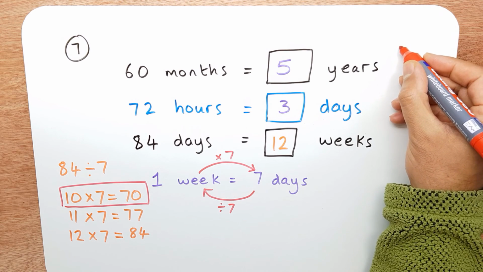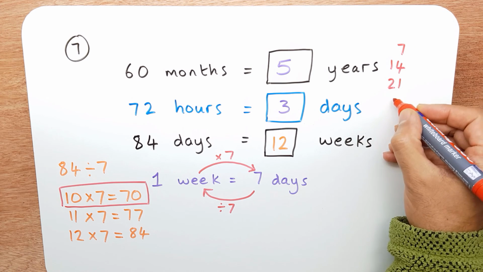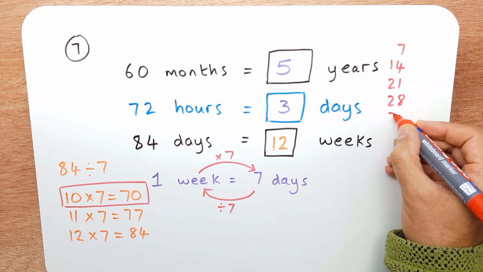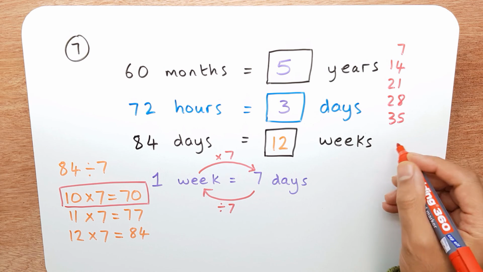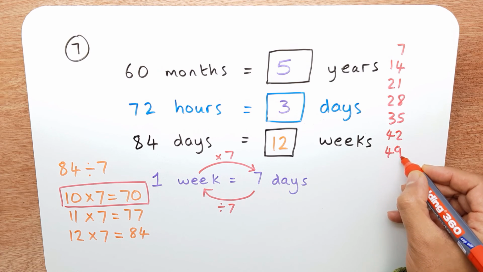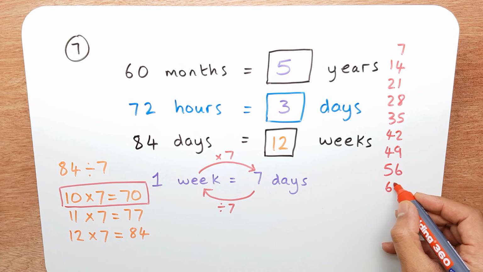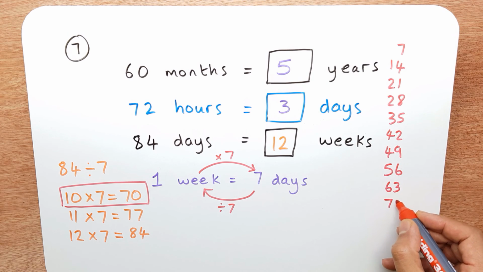Now, if I didn't know my fact, 10 times 7, it would have been much longer because I would have had to do something like this. 7, 14, 21, 28, 35, then 42, 49, 56, 63, and 70.